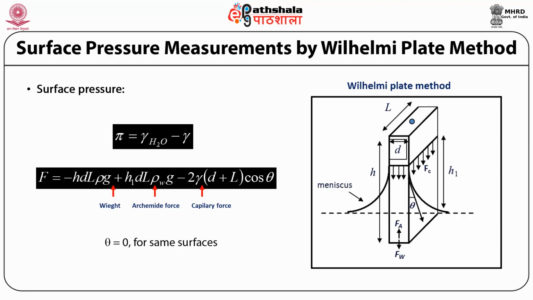On the right hand side this equation shows what kind of forces are working on this plate. There is a weight of this plate which is always working downwards, and then the next is the Archimedes force. Archimedes force is working upwards, it's the buoyancy, and the capillary force is also pulling it down, as you see this FC on the right hand side of the figure.